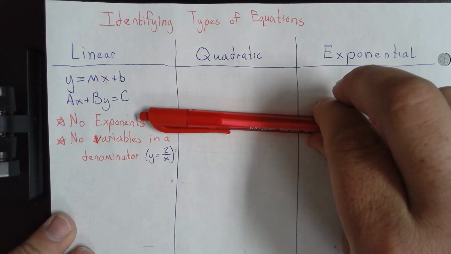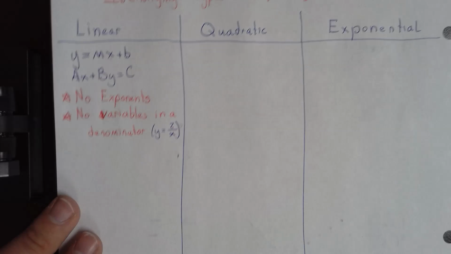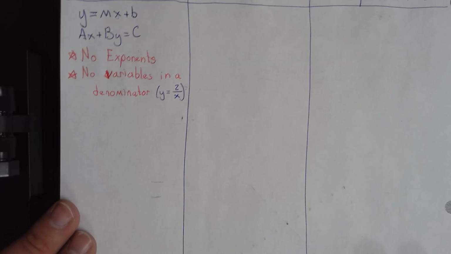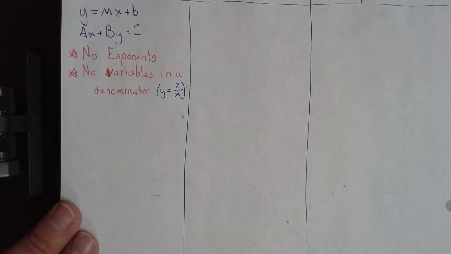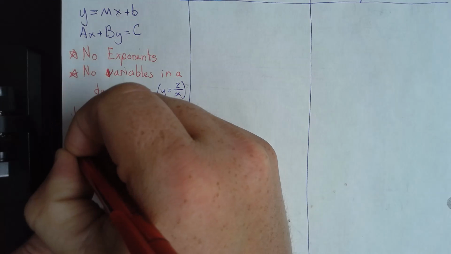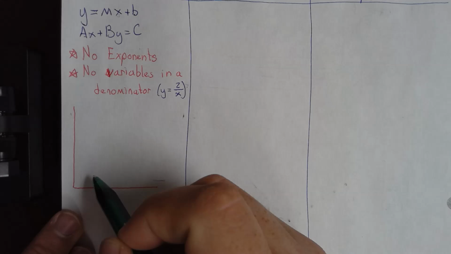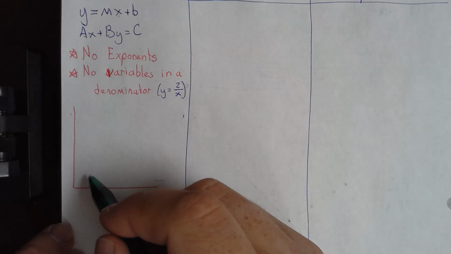The other thing we want to look at is what the graphs of linear equations look like. With a linear equation, our graph is always a what? Straight line.